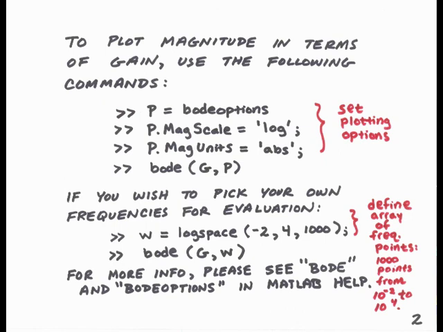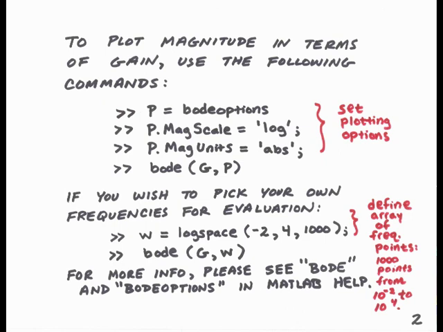Then we say P.MagScale = 'log'. That will convert from dB to log. And then P.MagUnits = 'abs', absolute. And then we type bode(G, P). That will give the magnitude plot in terms of gain and not in terms of dB.